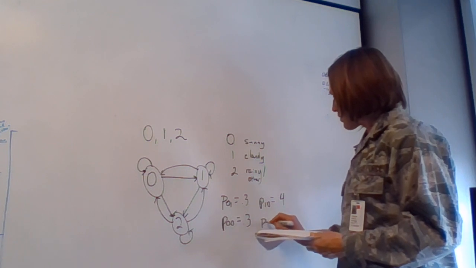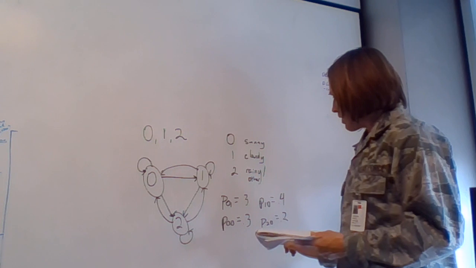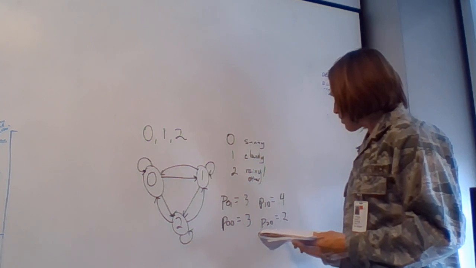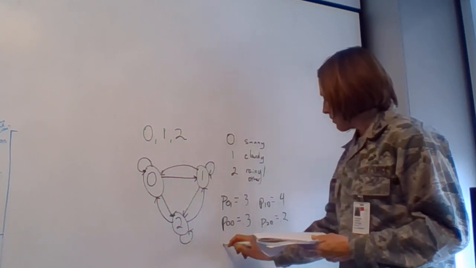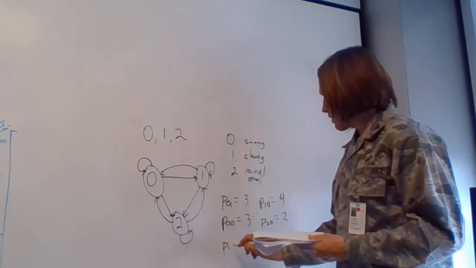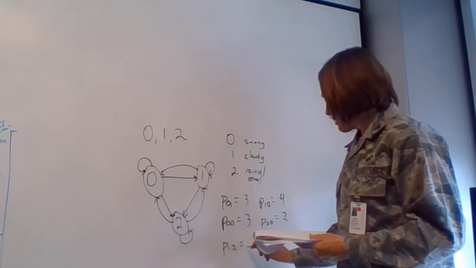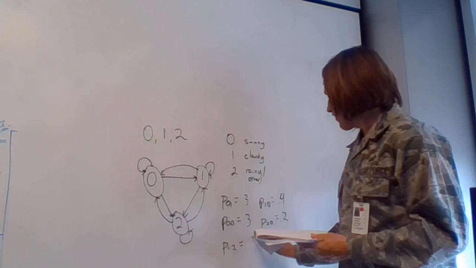If it's rainy, the probability that it's going to be sunny tomorrow is 0.2. If it is rainy, the probability it's going to stay that way is 0.1. And if it is cloudy, the probability that it's going to be rainy, let's call that 0.5.